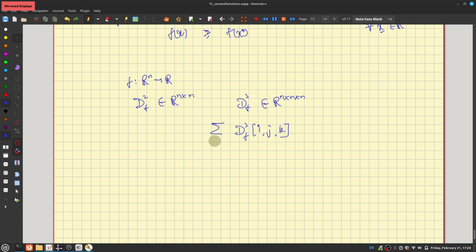It would be a summation over all ijk of df cube of ijk, evaluated at, say, x star, times (x star i minus xi) times (xj star minus xj) times (xk star minus xk).